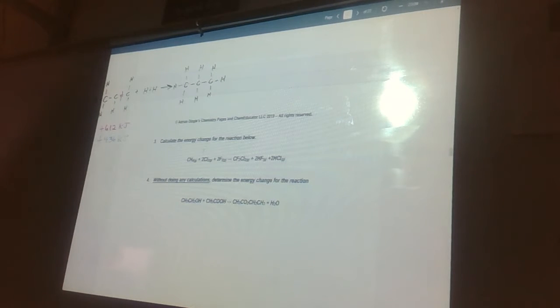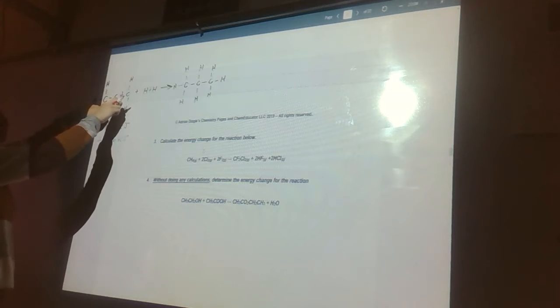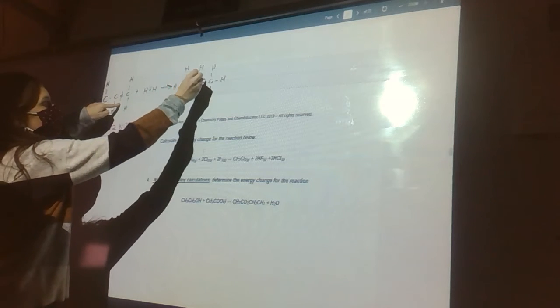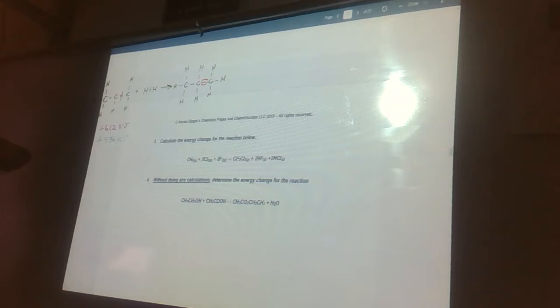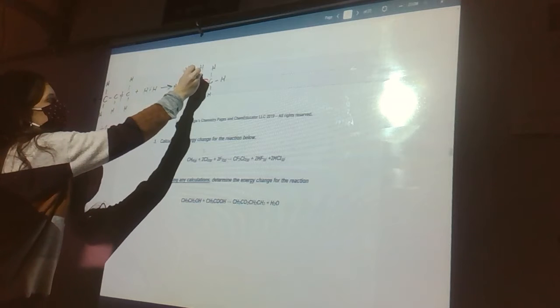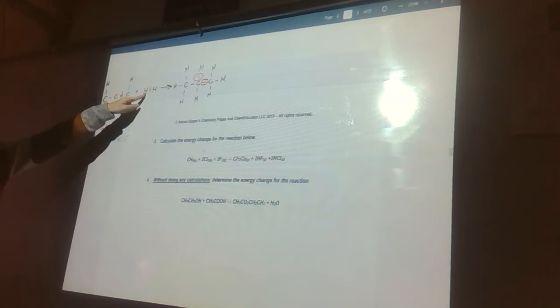Okay, over here, we need to make, so we broke this. I need to make a CC single bond. I need to make a CH bond using this.